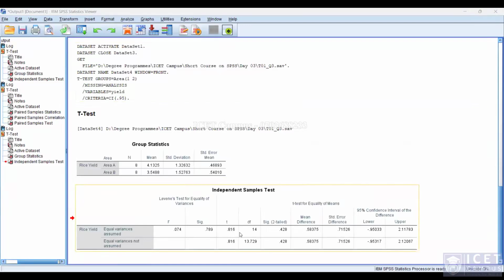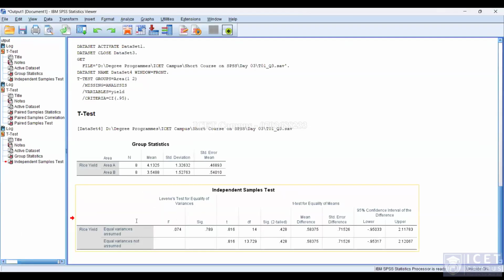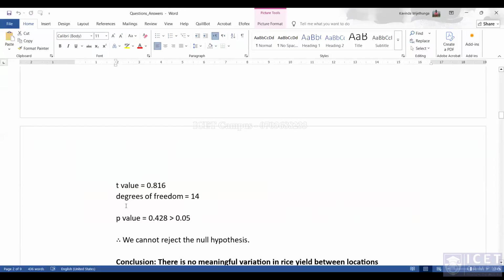Also the degrees of freedom is mentioned here, 14. The most important one is the significance two-tailed p-value, that is 0.428. So 0.428 is greater than 0.05. It means again we cannot reject the null hypothesis. Then we can write the conclusion: there is no meaningful variation in rice yield between the two locations.